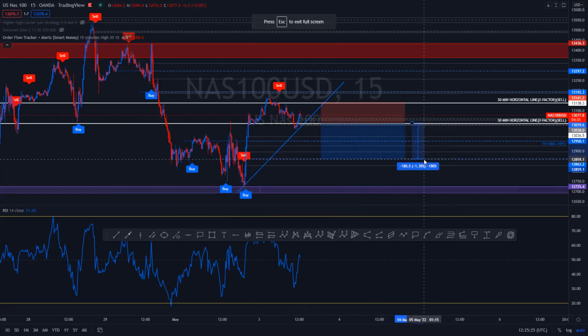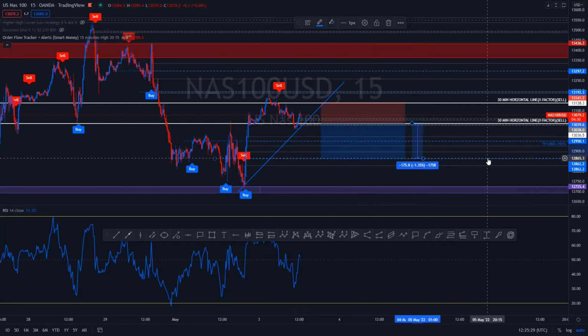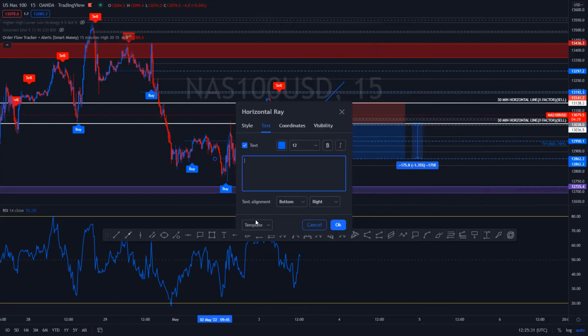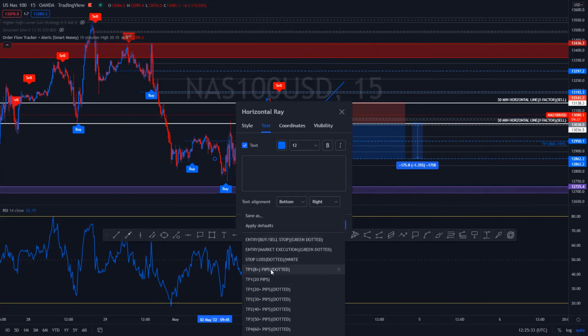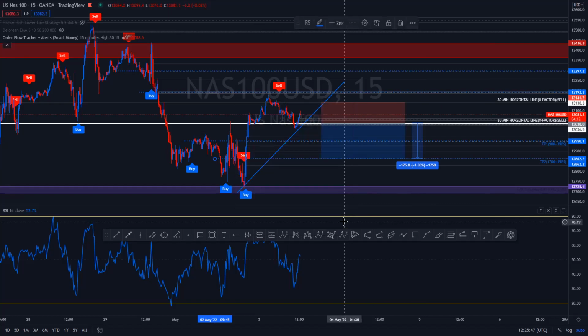We'll pull this down to here. This is going to be 1700 pips plus. So that's going to be if price sells.